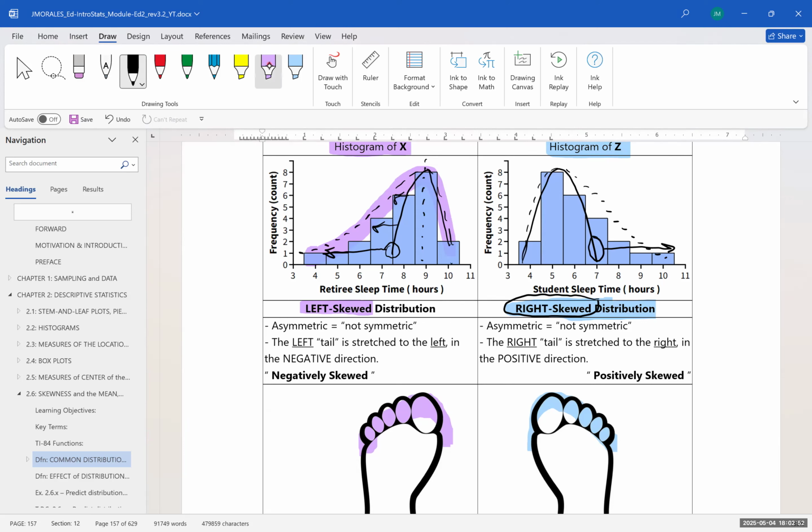Another way to refer to it would be to say that it's negatively skewed because it's going in a negative direction. The other one is positively skewed because the values are being pulled in a positive direction. The way I'm defining positive and negative direction is like a number line, where there are positive numbers to the right and negative values to the left.